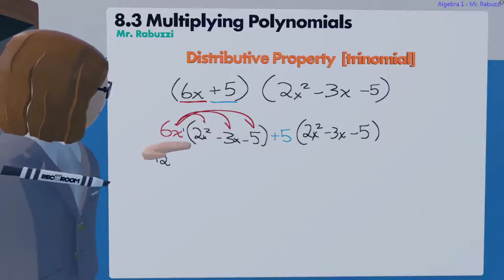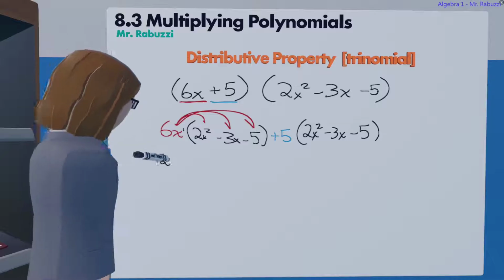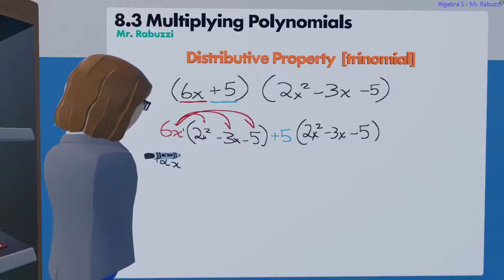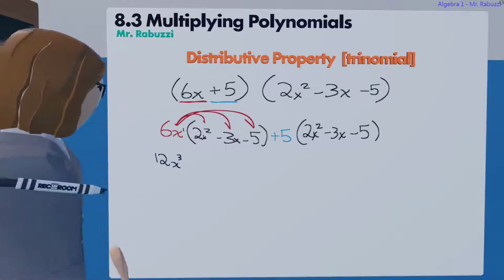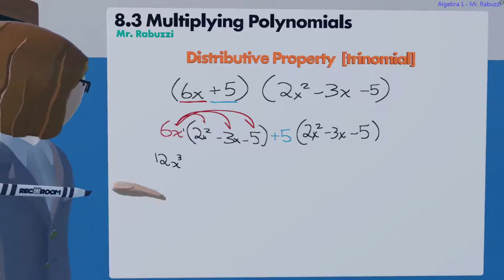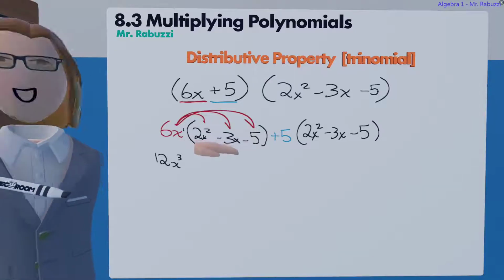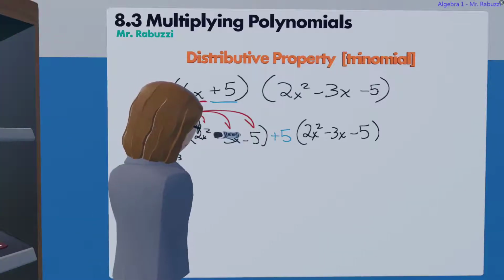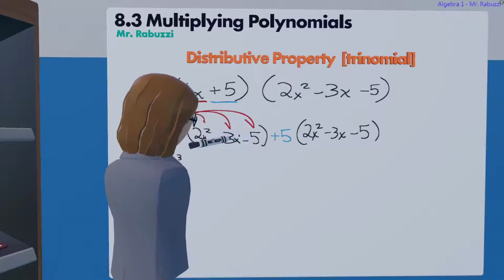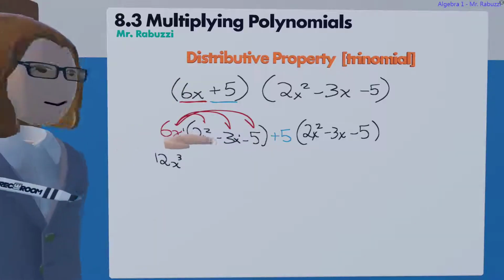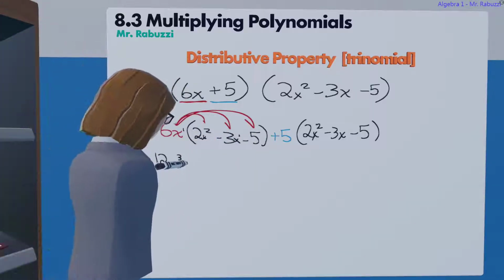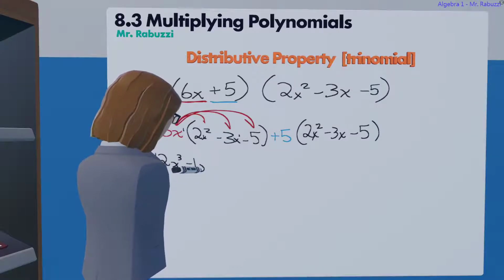X to the 1 times x squared is going to be x to the third, right? Add the exponents when you multiply the bases. Okay, next piece. 6x times negative 3x. Well, remember, this guy has an invisible 1. But let's do 6 times negative 3. Negative 18.